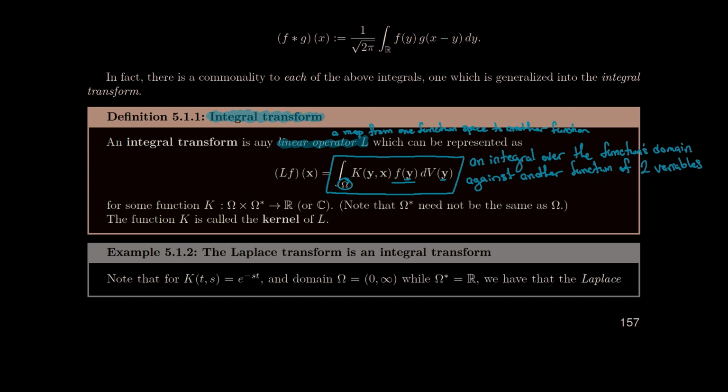They could be two 45-dimensional variables for all I care. But it's a function of two variables, one of which is the same as is integrated over. Hence, we are left with a function of the remaining variable.